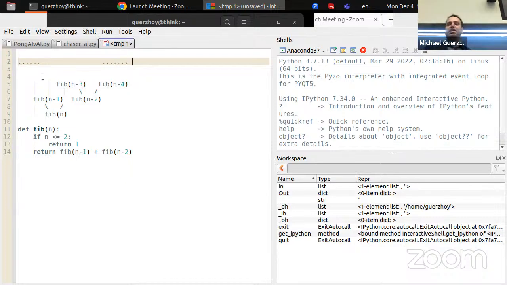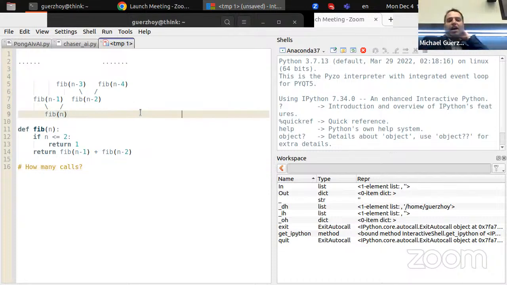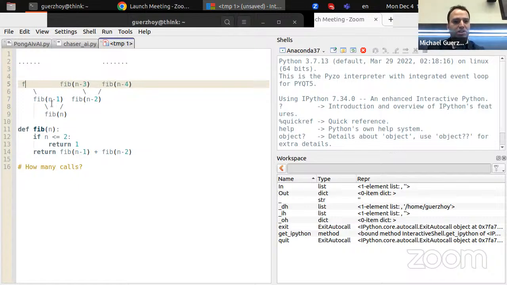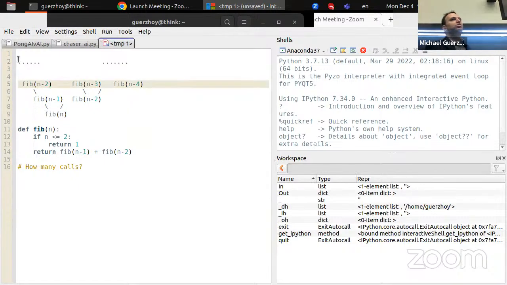So now the task here is to try to count how many calls in total there are. And one way to approach this is to say, well, we have this call tree, so on each level, we'll try to count how many there are. And that's a little bit difficult because over here, you're going n minus 1, n minus 2, n minus 3, and so on.